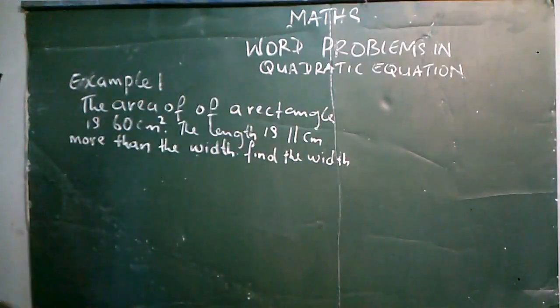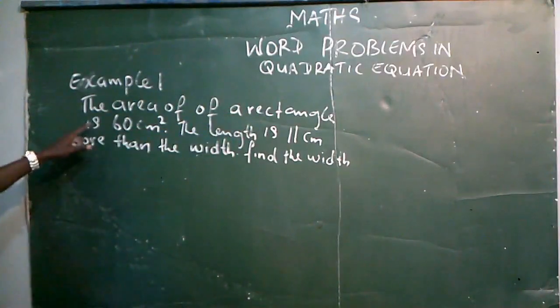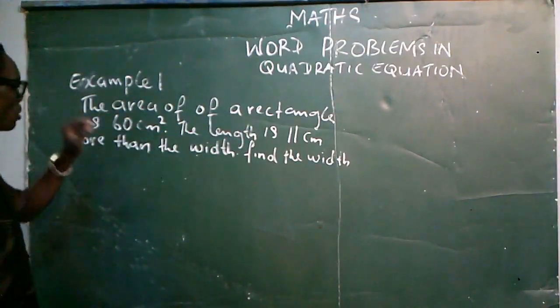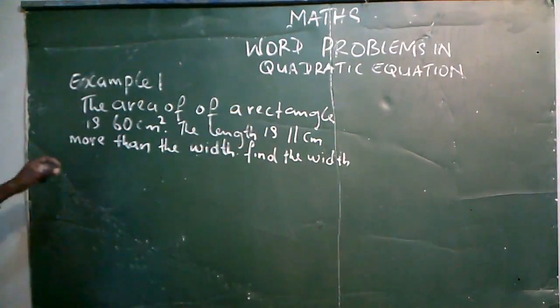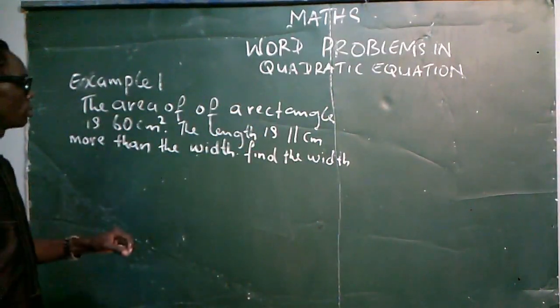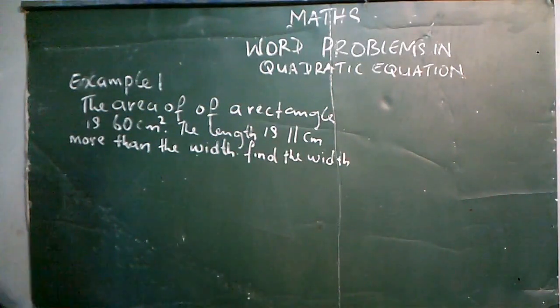Example 1. The area of a rectangle is 60 centimeters square. The length is 11 centimeters more than the width. Find the width. This is a word problem.